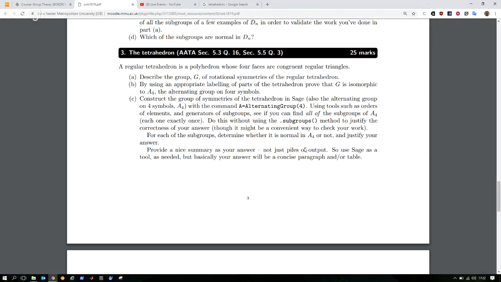So one of them is: 1 stays in place, and 2, 3, 4 form a cycle. 2 goes to 3, 3 goes to 4, 4 goes back to 2. That's an example of an element of that group. When you list them all in this notation as permutations, you will get a group of permutations, and it so happens that it's the alternating group on 4 elements. So your task is to argue, probably by listing them all, that this is what it does.